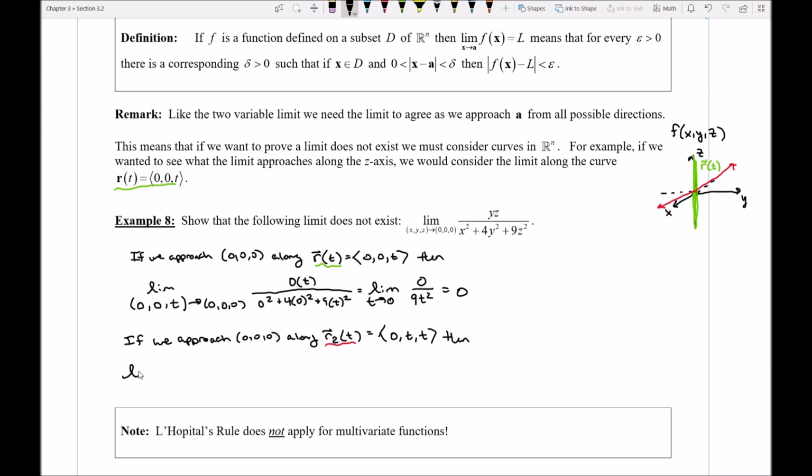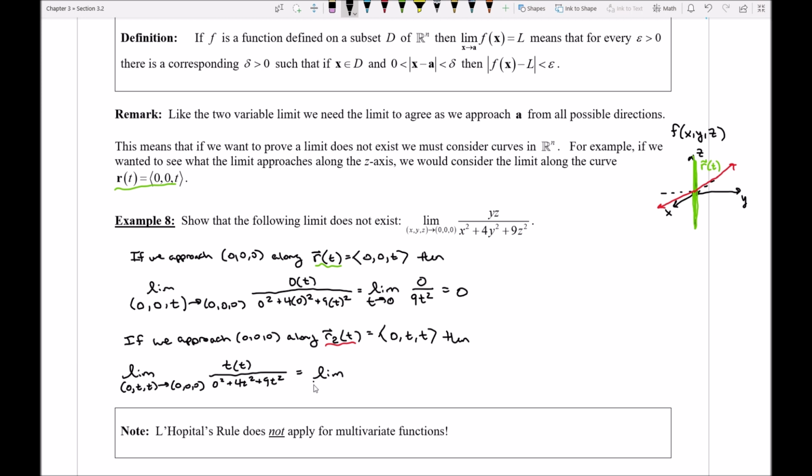And again, I don't necessarily have to picture it to be able to use it, because what I'll notice here is that if I go ahead and try to calculate this limit, my y and my z have been replaced with t. So that's going to give me t times t in the numerator, and that's going to give me 4t squared plus 9t squared in the denominator.